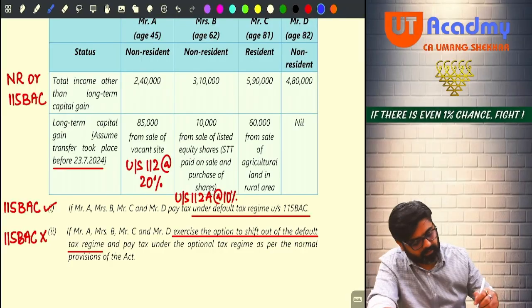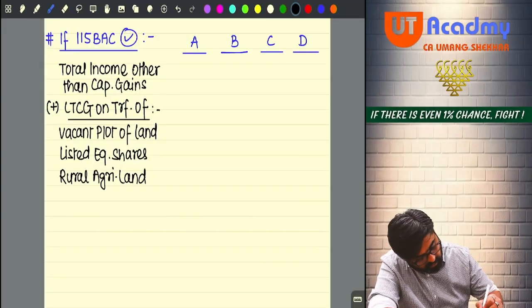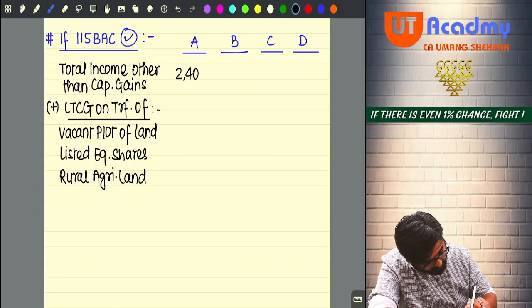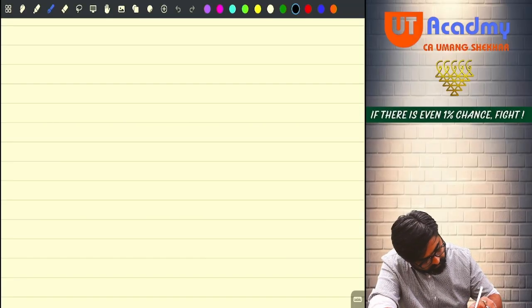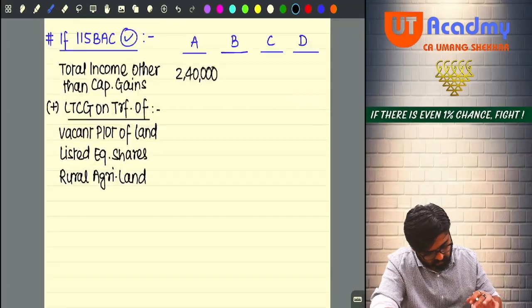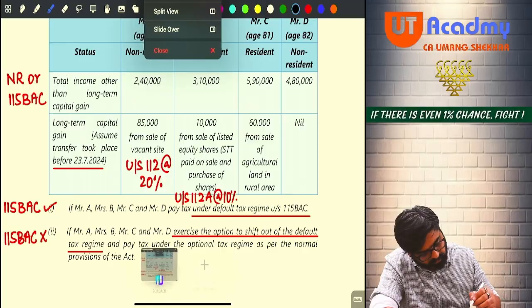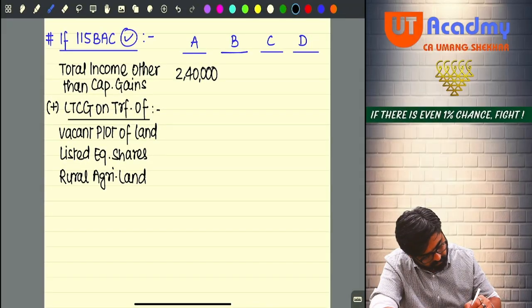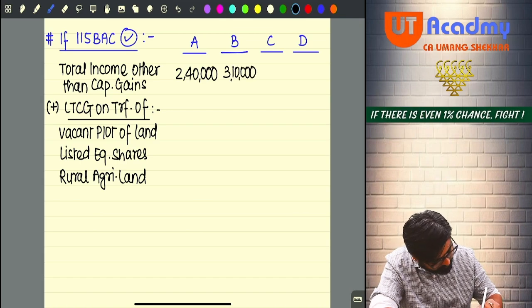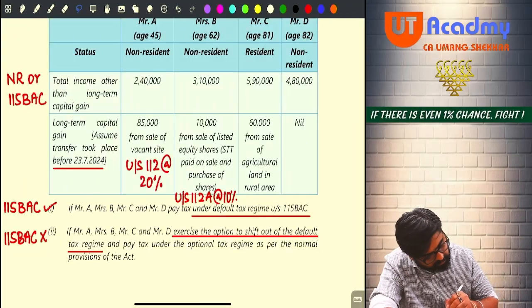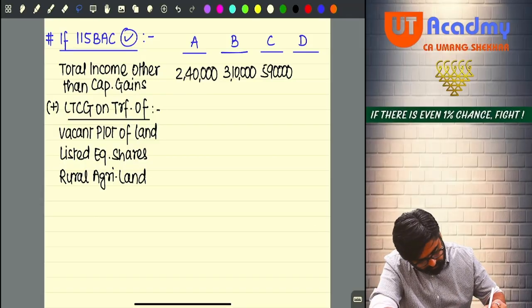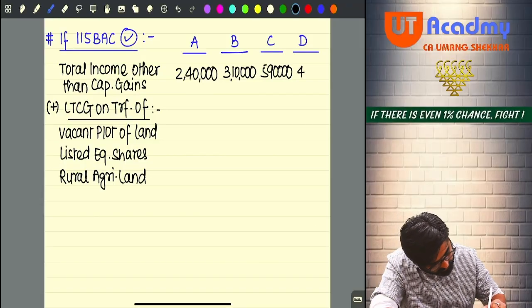It is 240, 310, 590, and for the last one, how much is it? 4,80,000. So for the last one it is 4,80,000.